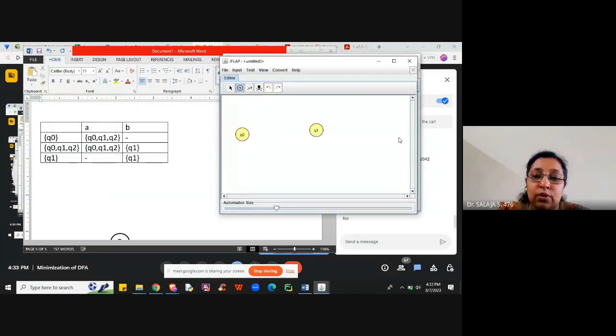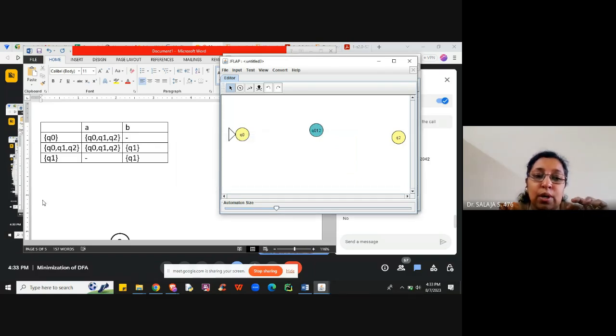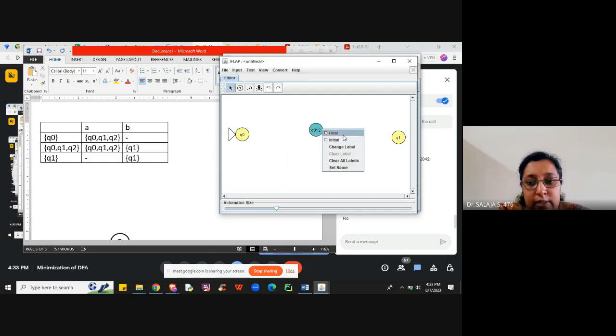So you have three states again. This will be the initial state. I'll rename it as Q012, just to represent the next one. This will be named as Q1. And Q012 is the final state. Q1 is also another final state.